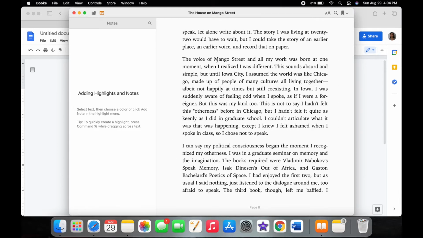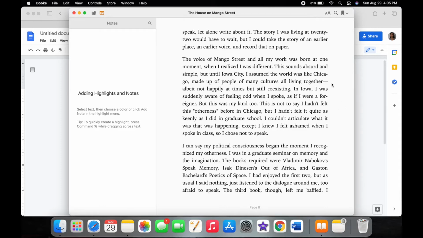"The voice of Mango Street in all my work was born at one moment. I can say my political consciousness began the moment I recognized my otherness." So this is definitely about someone who is understanding their Latinx or Hispanic background as a result of where they live. So Mango Street seems to be a very significant part, especially because it is the title.